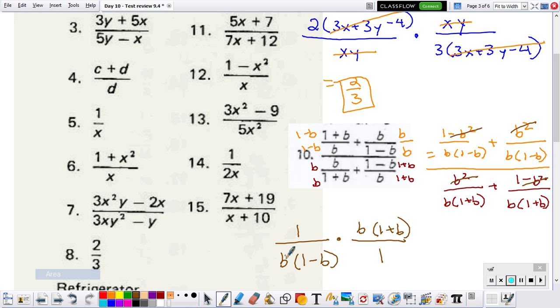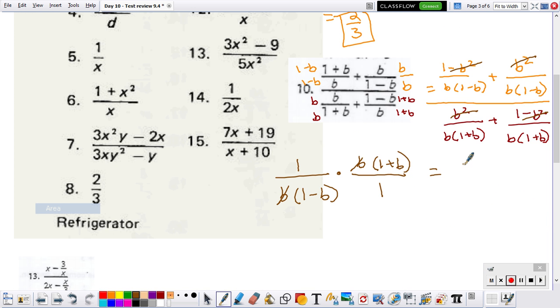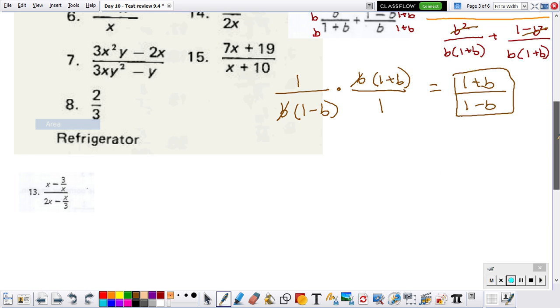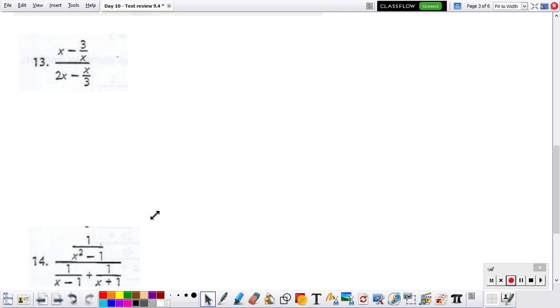The denominator is going to become 6x over 3 minus x over 3, which is going to give us 5x over 3. When we divide these, we're going to get x squared minus 3 over x times 3 over 5x. Wow, this is terrible. Is this really the gross answer? Let's see. Yep, that's really it. And then we've got 3x squared minus 9 over 5x squared. Nothing cancels. Too bad, so sad.